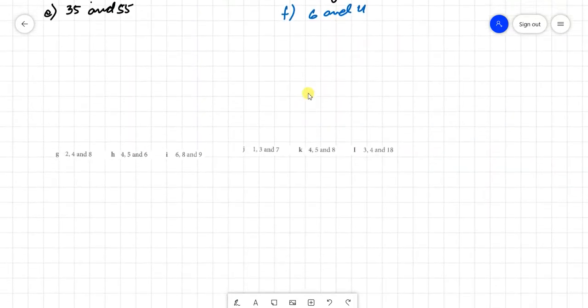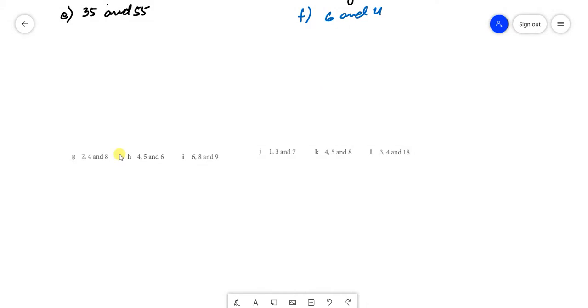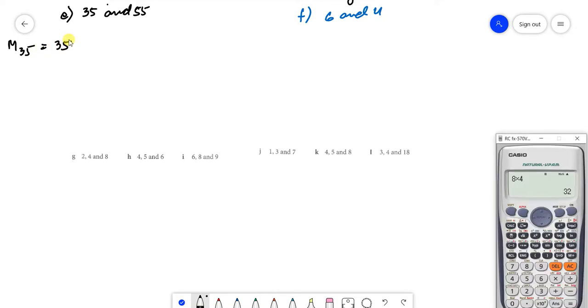Okay, so first we write M35. So 35, let's move on with the calculator.